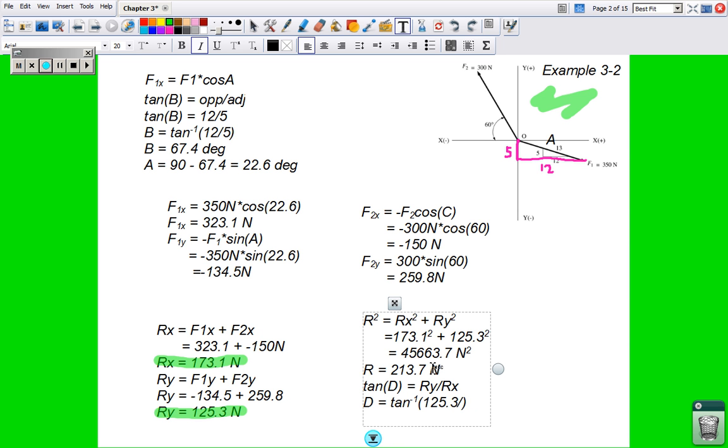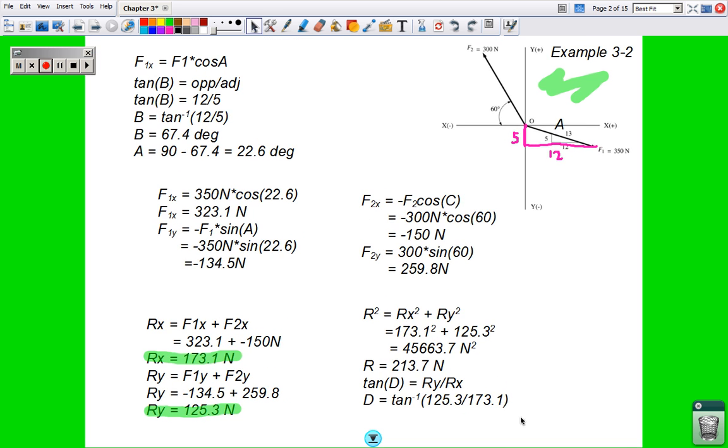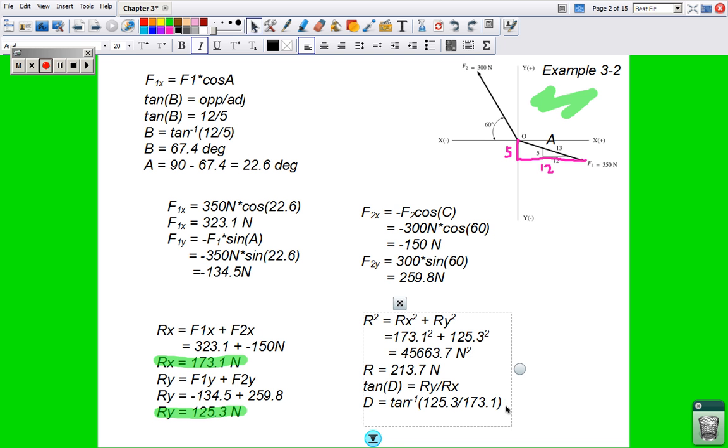Okay, so plug into my calculator and get D is equal to 35.9 degrees.